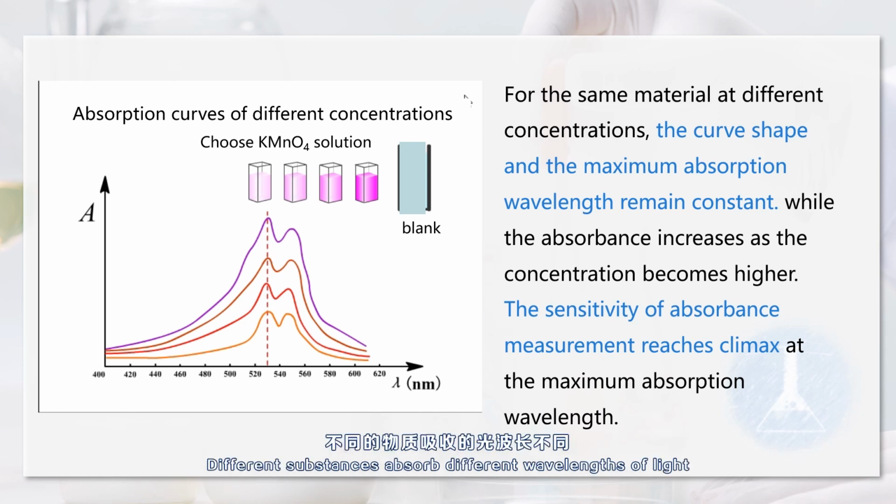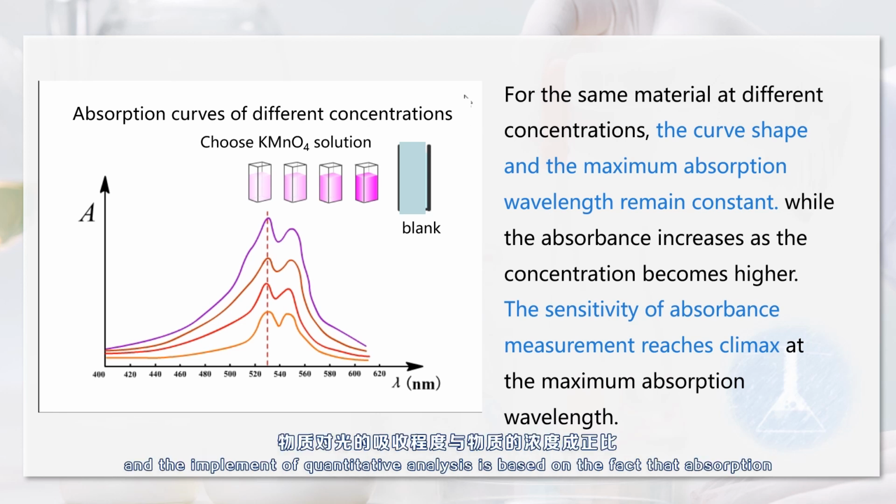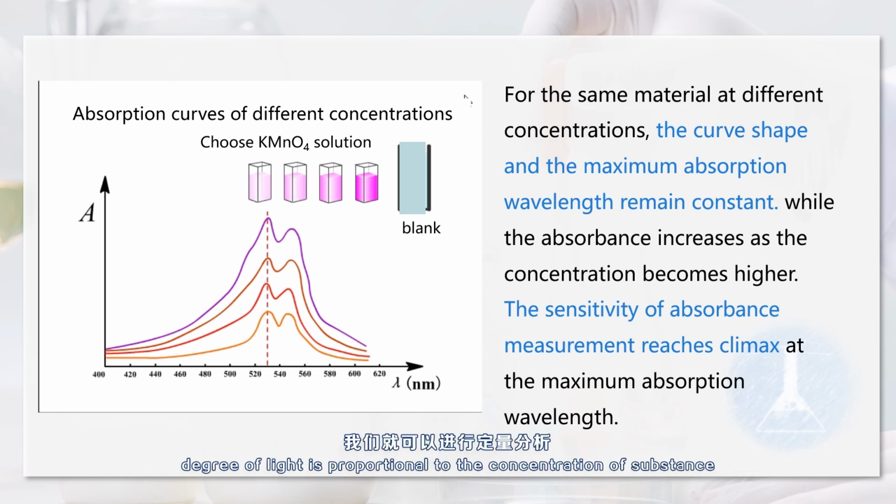Different substances absorb different wavelengths of light, based on which we can do qualitative analysis, and the implementation of quantitative analysis is based on the fact that the absorption degree of light is proportional to the concentration of the substance.